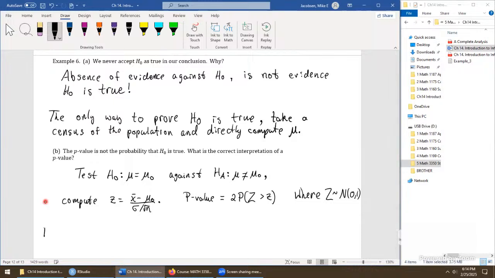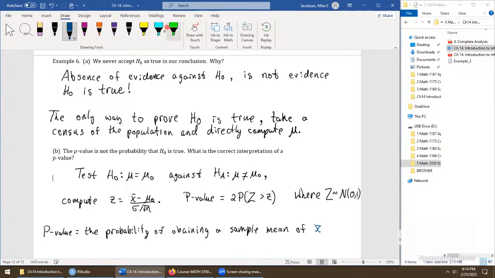And the p-value is going to be equal to the probability of obtaining a sample mean of X bar, the same sample mean that was discussed right here in the test statistic.